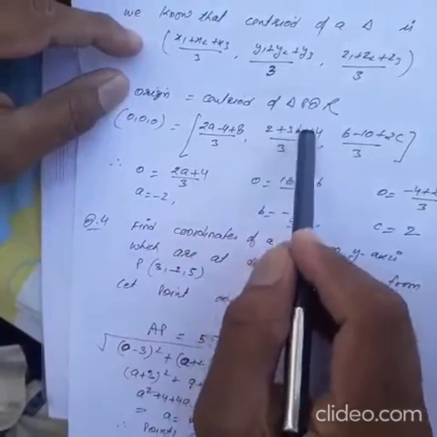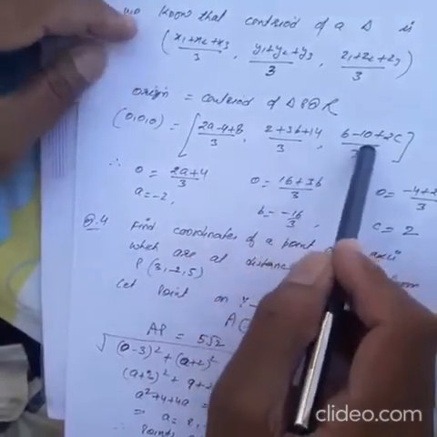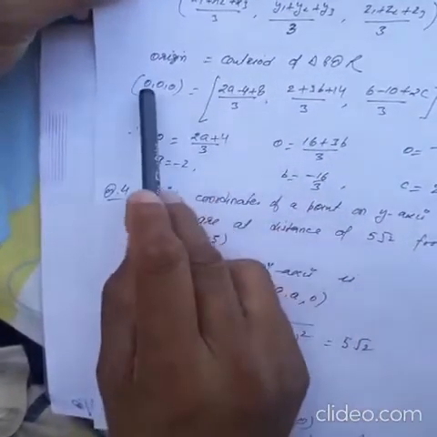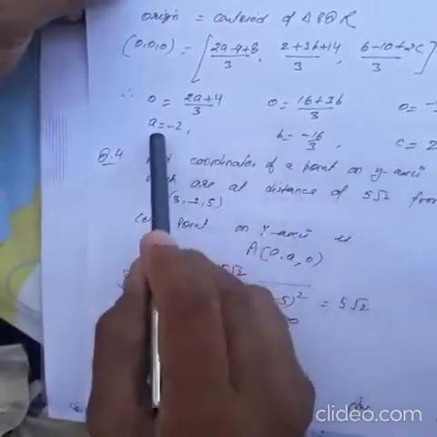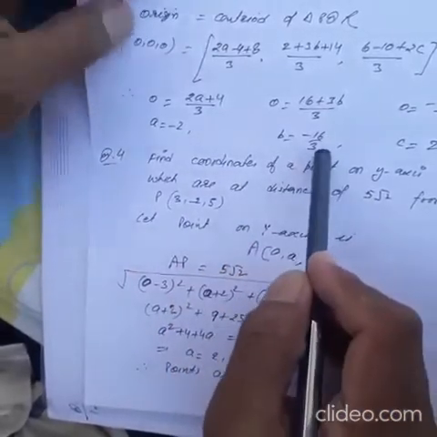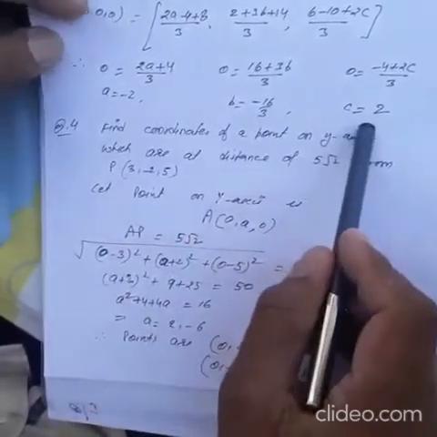Similarly, (y1 plus y2 plus y3)/3. Apply this formula and similarly the z coordinate. Now compare both sides. X coordinate will be equal to x. Find out a, similarly b and c. So value of a will be -2, b will be -16/3 and c will be 2. So these are values of a, b, c.